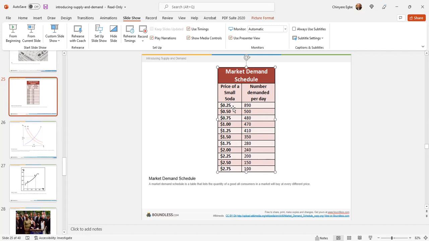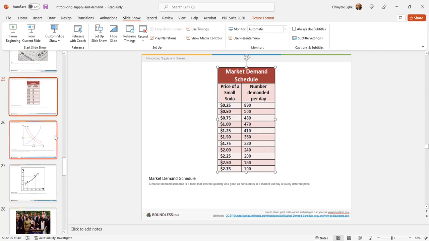At 25 cents per unit, buyers are willing to buy 890 units. At $2.75 a unit, buyers are willing to buy only 100 units. And so when you put together a table that shows this combination of prices and corresponding quantities, then we have what we call a demand schedule.